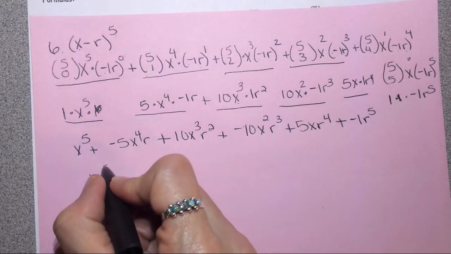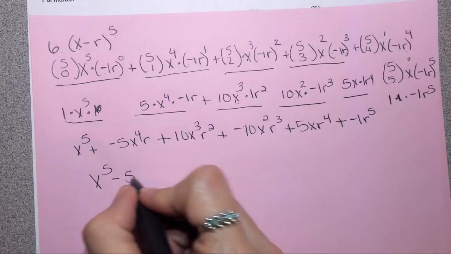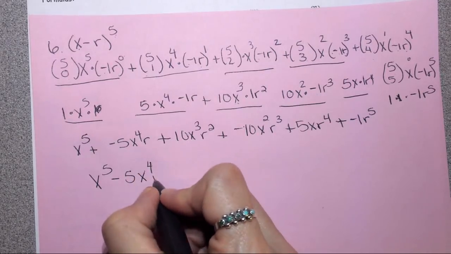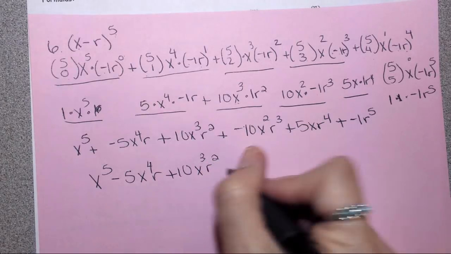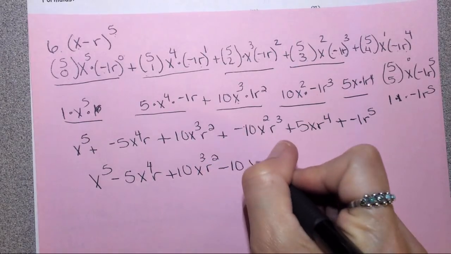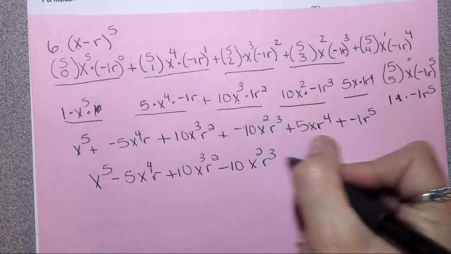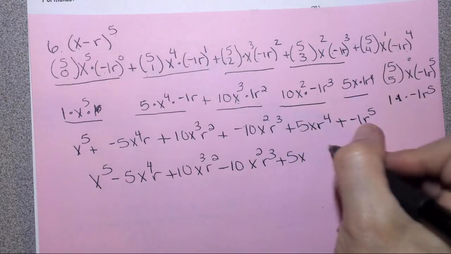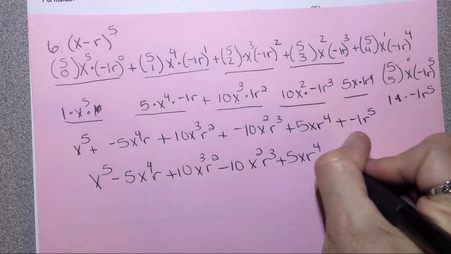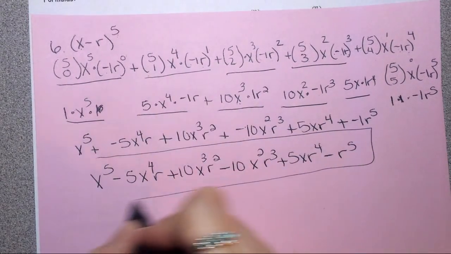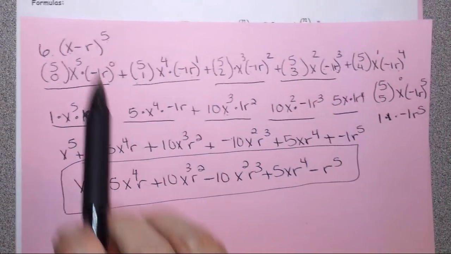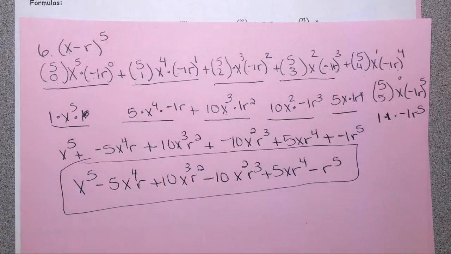So my final answer is x to the 5th minus 5x to the 4th r plus 10x to the 3rd r squared minus 10x squared r to the 3rd plus 5x to the 1st r to the 4th minus r to the 5th. And there you go. You have expanded x minus r to the 5th.